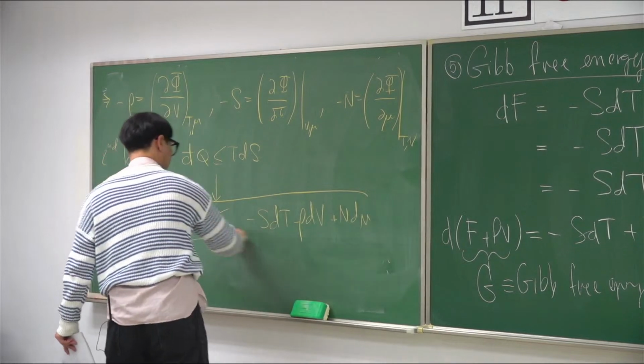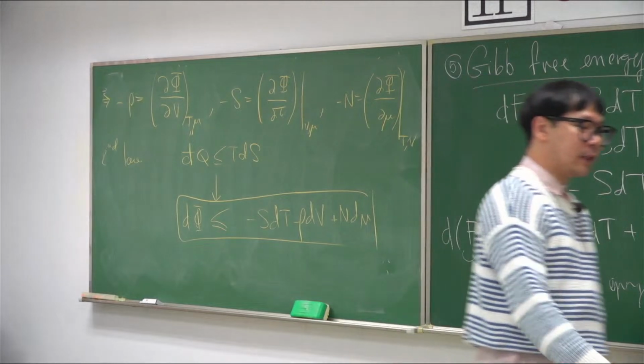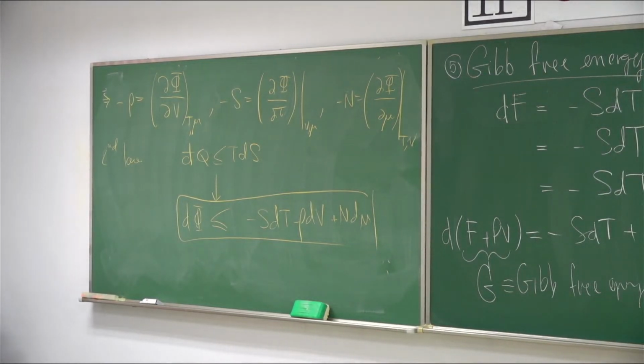It means that for the spontaneous process, your system prefers the minimum grand potential state, right? Okay.